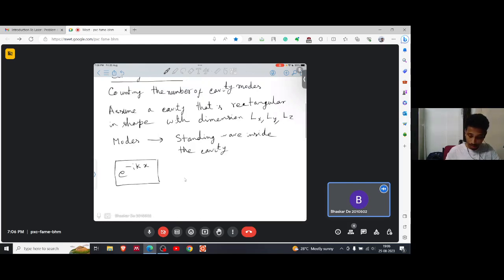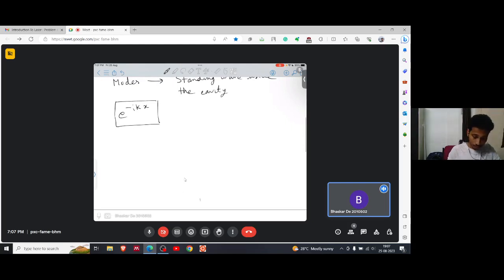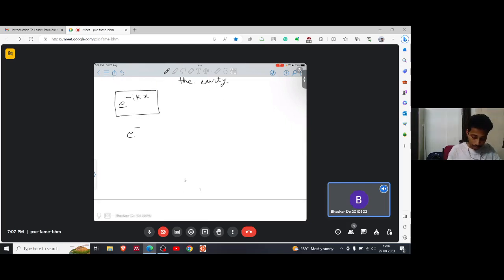So here there are three dimensions Lx, Ly, Lz, so xyz dimension. We will be bothered about this particular term, e to the power minus iota (kx Lx plus ky Ly plus kz Lz). This is basically an oscillating function in space.